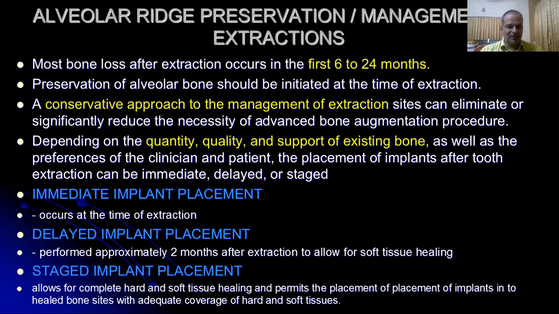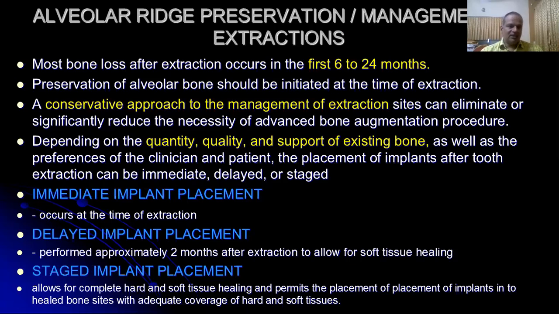Immediate implant placement occurs at the time of extraction. Delayed implant placement is performed approximately 2 months after extraction to allow for soft tissue healing. Staged implant placement allows for complete hard and soft tissue healing and permits placement of implants in the healed bone sites with adequate coverage of hard and soft tissues.